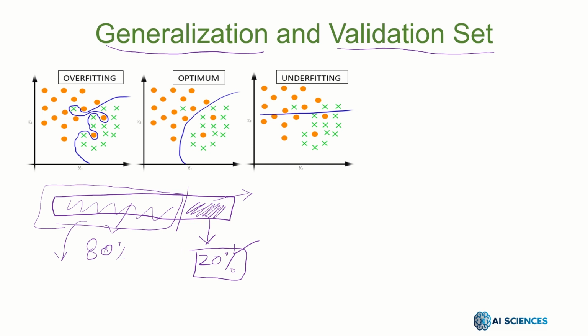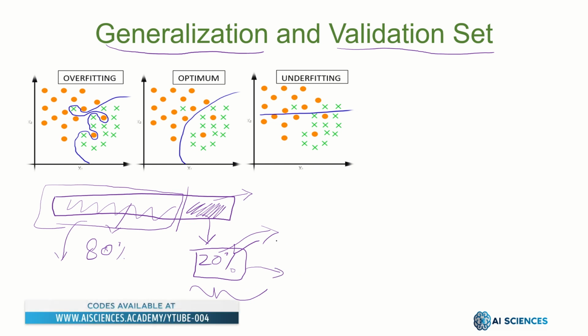The second fix might be to reduce the percentage of this set, sometimes called the validation set. But if you reduce the percentage of the validation set to very low, then the expectation of generalization in an unseen environment becomes questionable. The reason is that all your expectation will be based on a very small set, and that may not be a good idea.